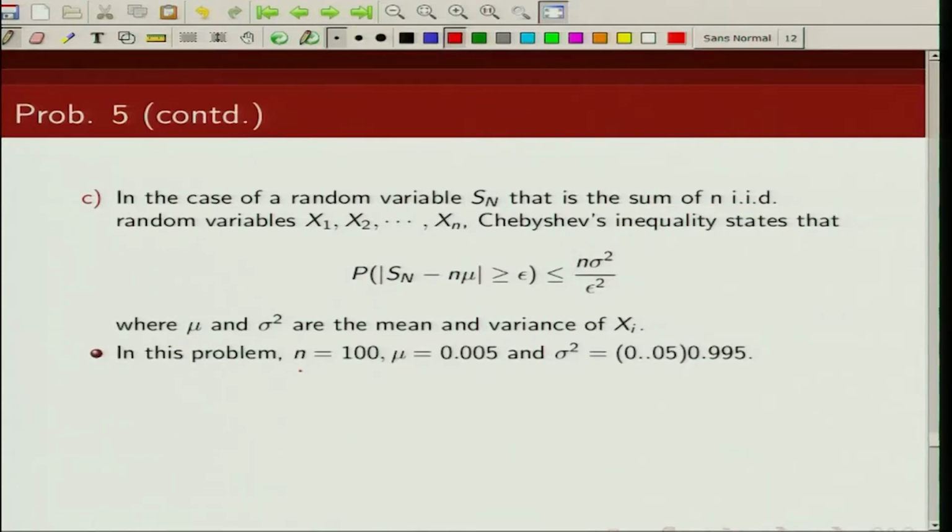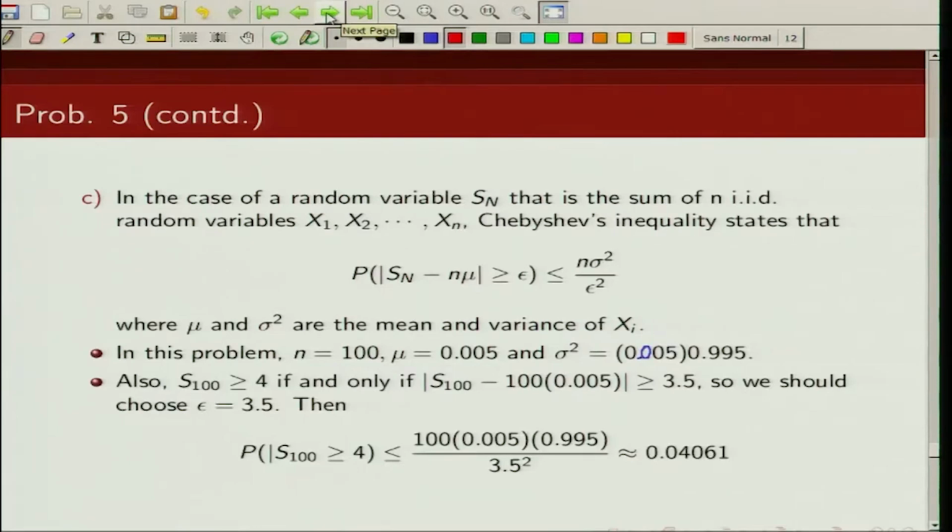So in this problem our n is 100, mu is 0.005 and sigma squared is 0.005 into 0.995. We are interested in knowing that the sum of ones is greater than or equal to 4. So we choose our epsilon in such a way that the sum of these 100 bits comes out to be greater than or equal to 4.